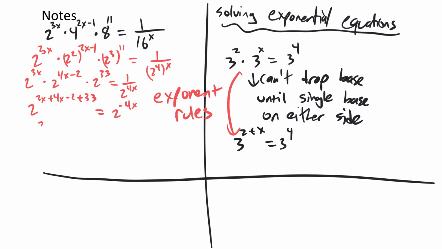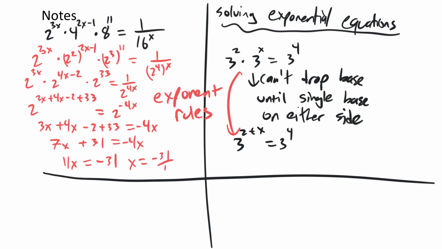Now we can drop the base and equate the exponents. And that'll be 7x plus 31 equals negative 4x. So 11x equals negative 31. X equals negative 31 over 11.